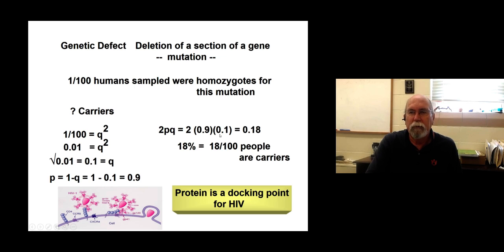But what I wanted to point out to you, besides the fact that 1 in 100 people could be exposed and not worry about getting this form of HIV, is this relationship. 1 in 100 individuals are homozygotes, yet 18 times the number of homozygotes are actually carriers.